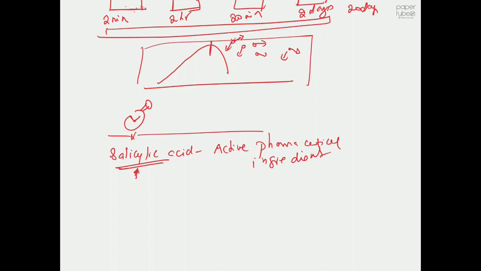If you go to your pharmacy and ask for the corn remover, like a band-aid, and flip the card and check what's inside, it will be mostly salicylic acid. It helps to remove the dry skin. It is one of the most widely used active pharmaceutical ingredients, and we are going to crystallize it in ethyl acetate.